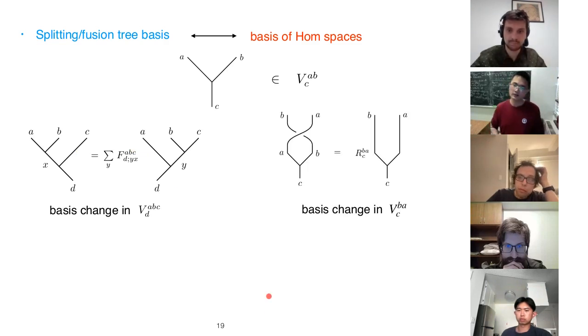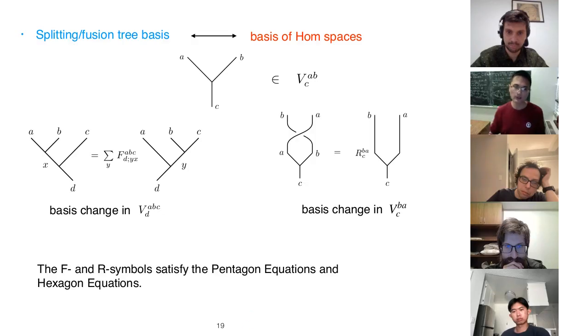Similarly, if we consider two anyons A and B, and then we braid the anyon A with B, we end up with another state, representing two anyons B and A. This new state differs from the original state by a scalar. We call this scalar R_BA^C, and that's called the R symbol.